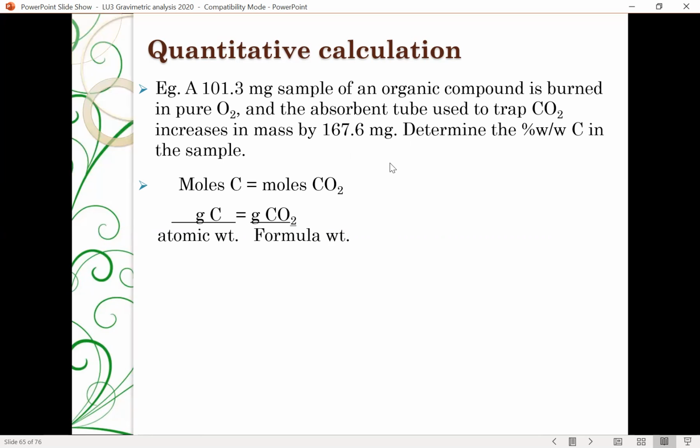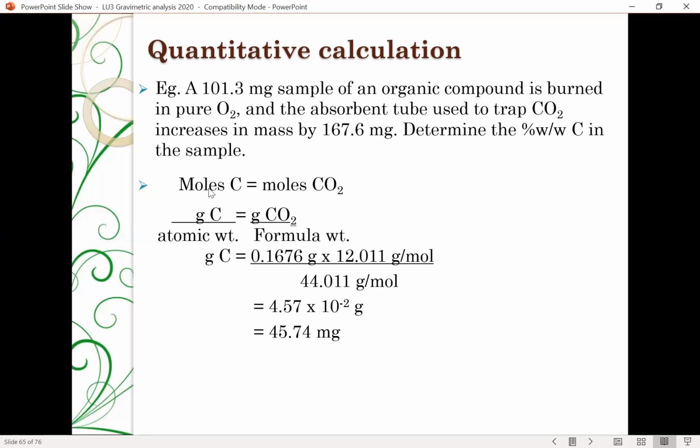First things first, we have the comparison of moles between carbon and carbon dioxide. In this case, moles of carbon is equal to moles of carbon dioxide. From here, you can determine the mass of carbon based on the mass of CO2 trapped.